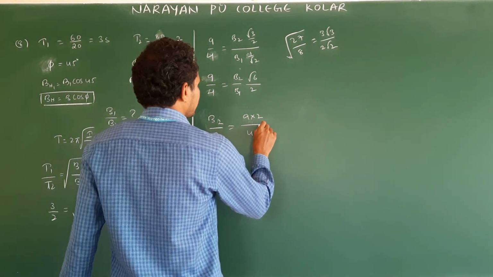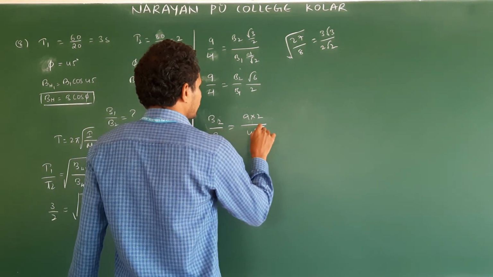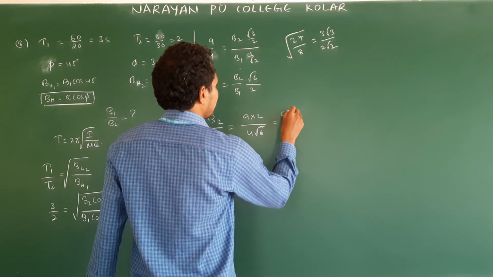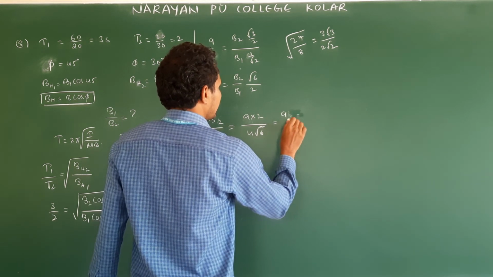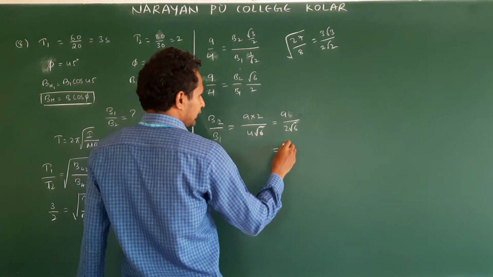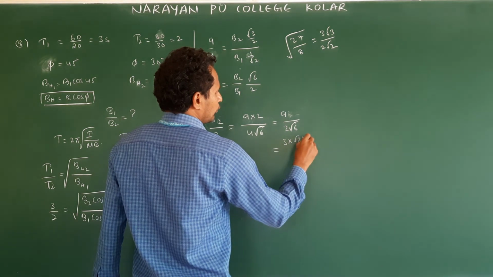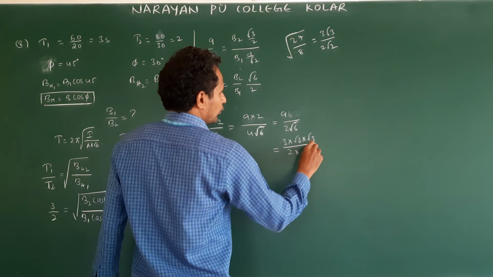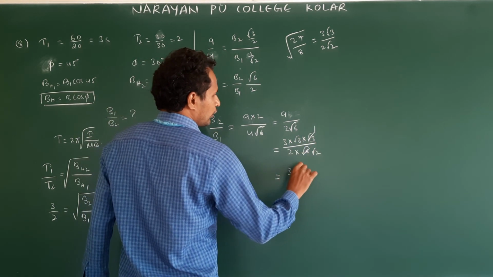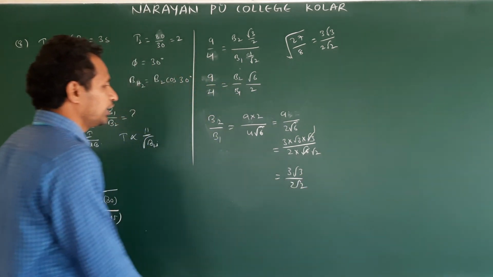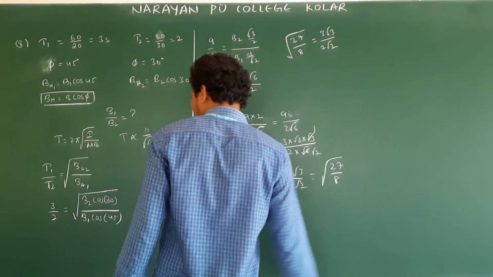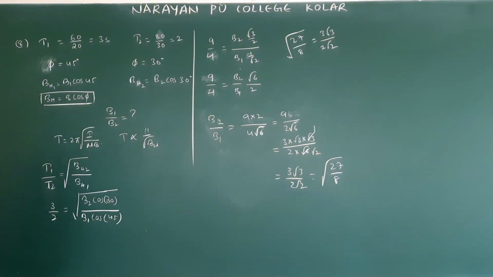Clear? So this I can write as 9 into 2, cancel, 2 root 6, right? This 9 I can write as 3 into root 3 into root 3. One root 3 once, root 2 times. So 3 root 3 by 2 root 2. How do we write this? This is root of 27 by 8. So 27 by 8 is correct.